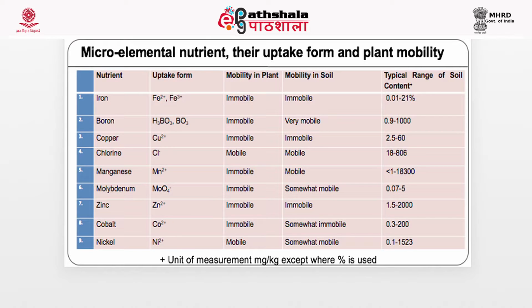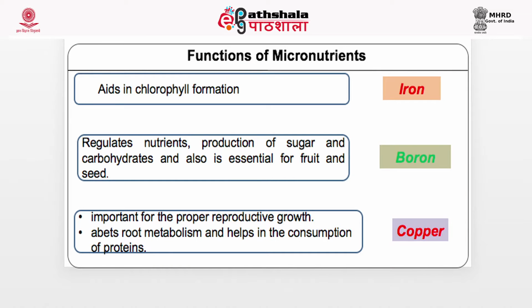Cobalt is immobile in plant and somewhat immobile in soil, and it varies from 0.3 to 200 milligram per kg. Nickel is mobile in plant and somewhat mobile in soil, and its range is 0.1 to 1523 milligram per kg.